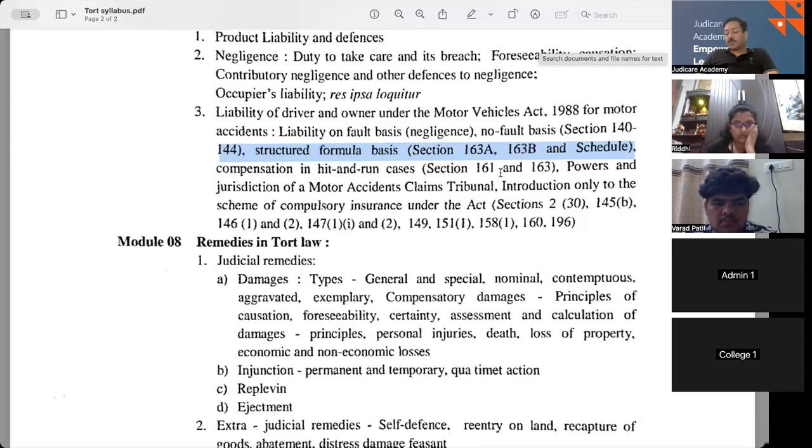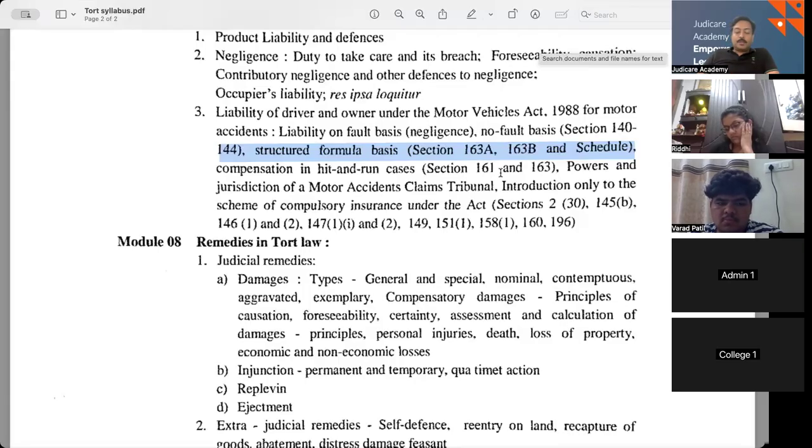Not anybody can insure. So you need to have a proper insurance agent who is doing it. So either an individual or a company, or any holding company. B, insures the person or the class of persons specified in the policy to the extent specified in subsection 2. So coming to subsection 2, we will know up to what extent the insurance has to be there.